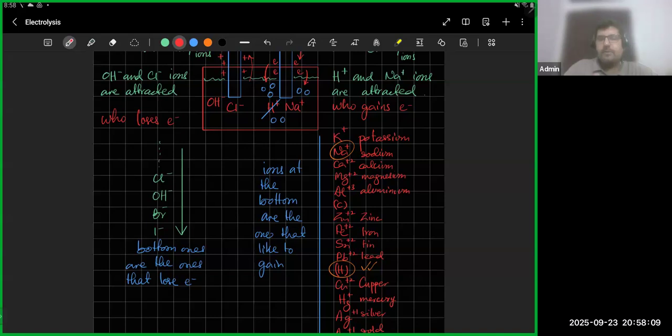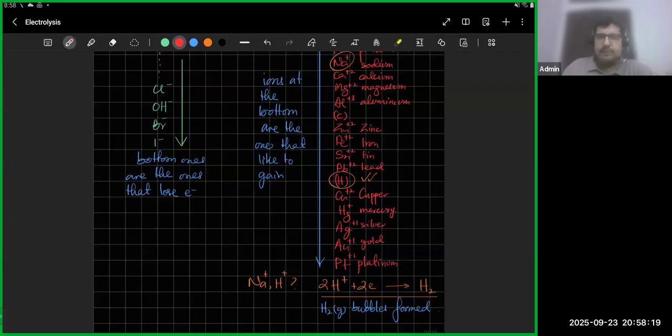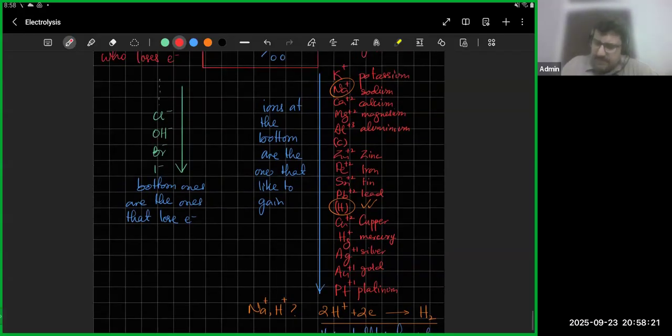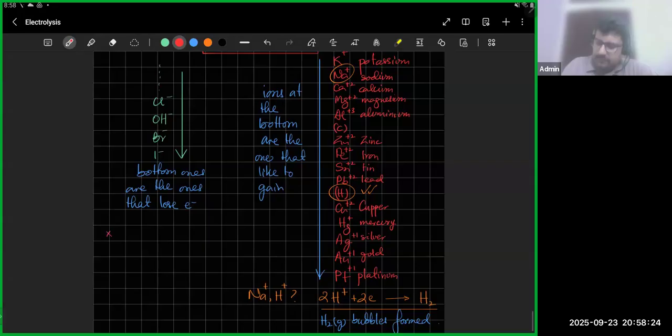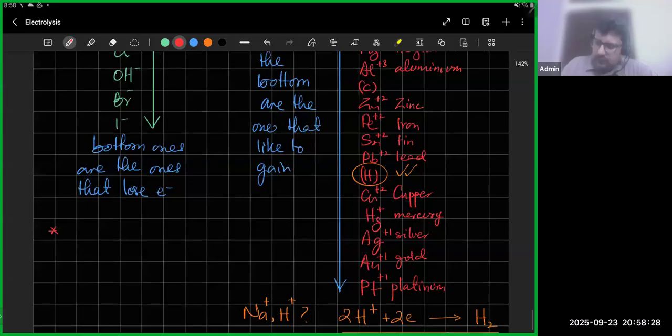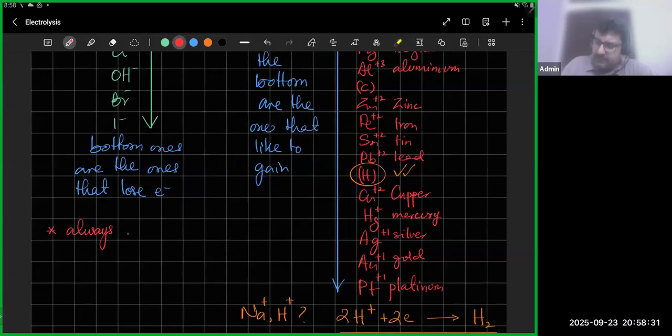Now there's one thing that you've got to remember. The anode series is pretty easy to remember because your syllabus is quite limited when it comes to the anode. What you can remember is that it's always OH ions that lose electrons, or get oxidized. Remember, oxidation is the word for losing electrons. Unless the halides are concentrated.